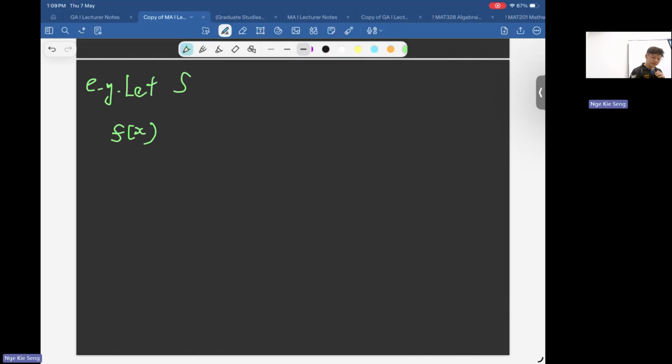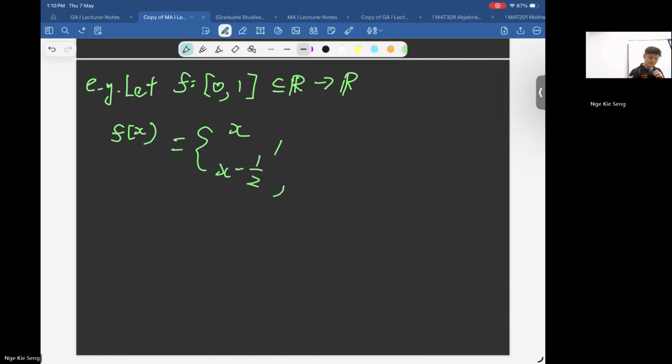So let f be a function from this closed interval defined piecewise: for x in between 0 and half, we get x, and then for x in between half and 1, we get x minus half. So the picture looks something like this.